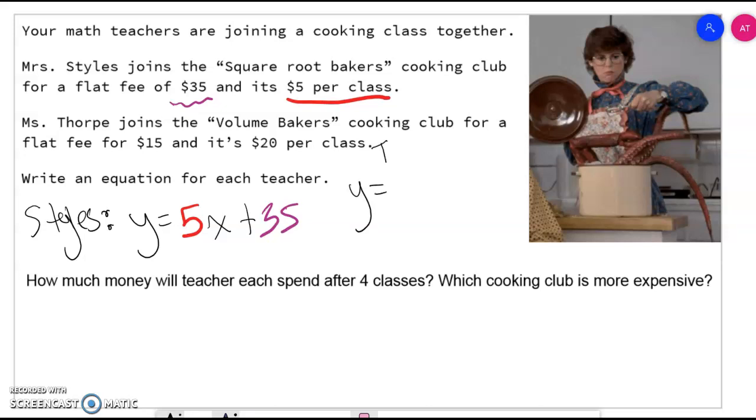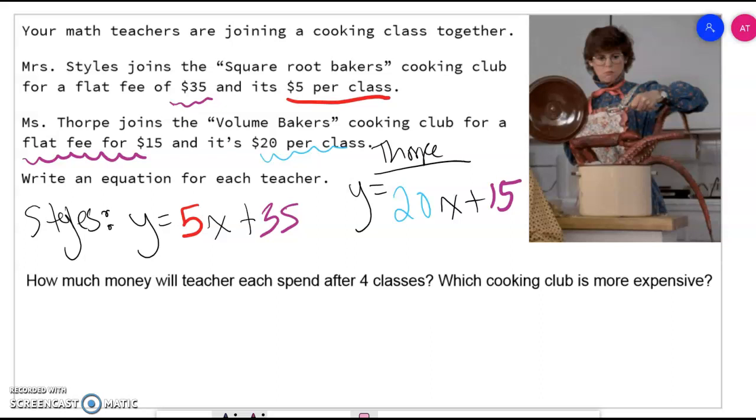So now let's do me. What's my slope? Ooh, $20 per class? Okay. Seems kind of fair, I guess. And I have a smaller y-intercept, so I'm only going to pay $15 just to sign up instead of $35.